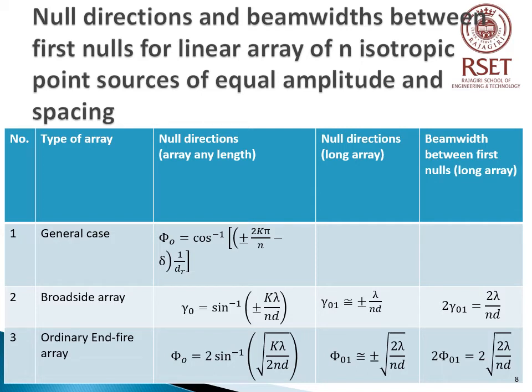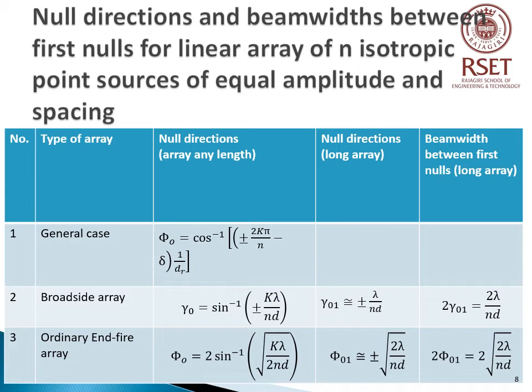For a broadside array, gamma naught will be sin inverse of k lambda by n d, the first null gamma naught 1 is lambda by n d, and the beam width is twice the first null, 2 lambda by n d. For an ordinary end-fire array, phi naught is 2 sin inverse root of k lambda by 2 n d, the first null phi naught 1 is root of 2 lambda by n d, and the beam width is twice phi naught 1, that is 2 into root of 2 lambda by n d.